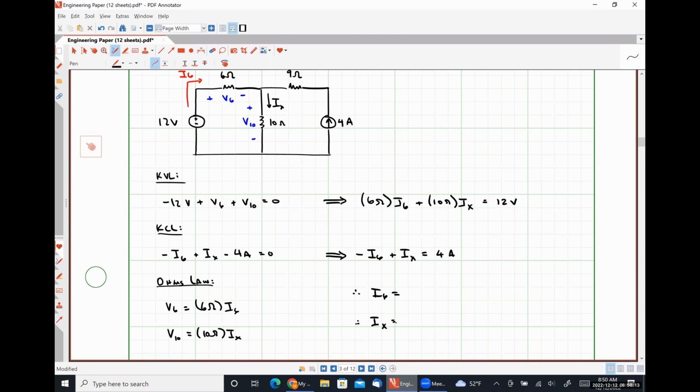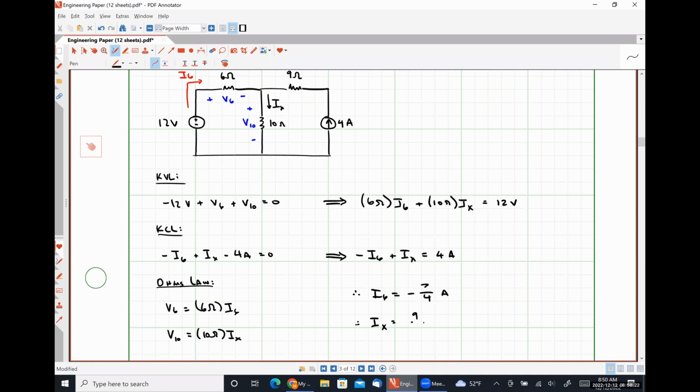And if I solve this system, I get I6 is negative 7/4 of an amp, and IX is positive 9/4 of an amp. Okay. So I scaled my inputs by a factor of 2, and my output scaled by a factor of 2.